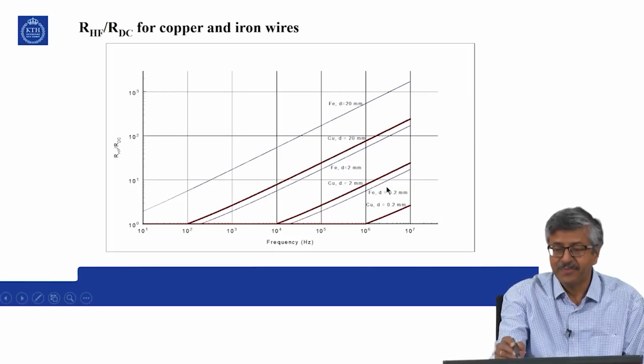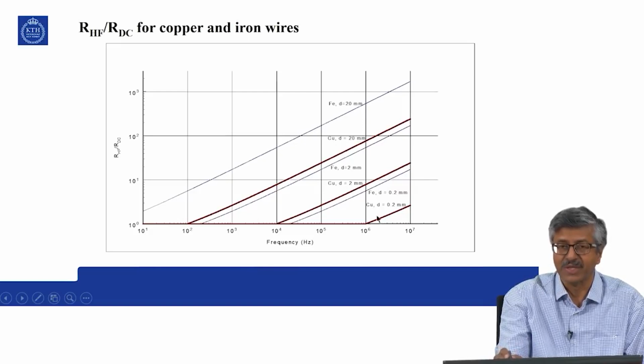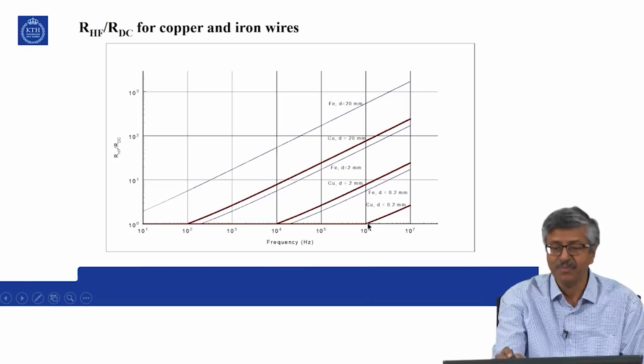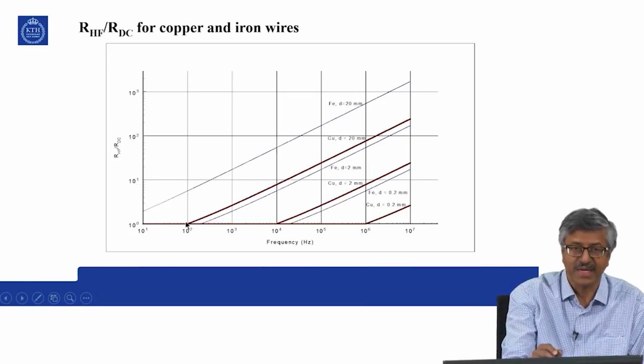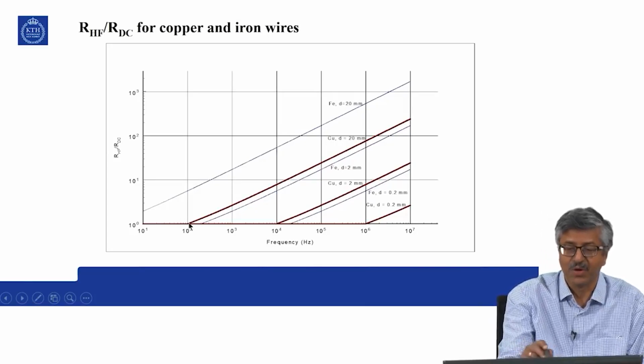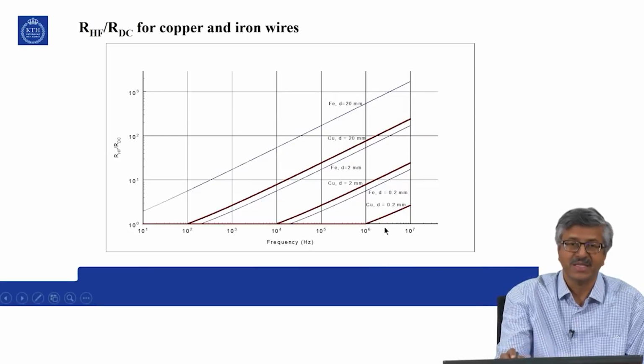That same cross sectional area you can achieve by stacking several small conductors together, which is standard construction. Then you will have to face the problem of skin effect only at 1 megahertz or so, instead of already at 100 hertz. So, this is a strong motivation for using stranded conductors.